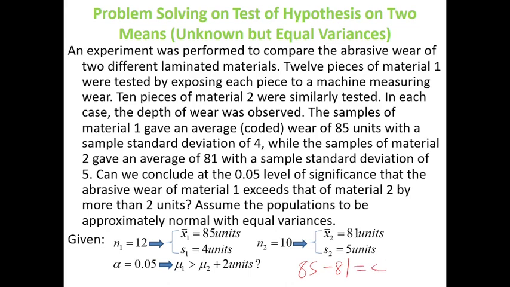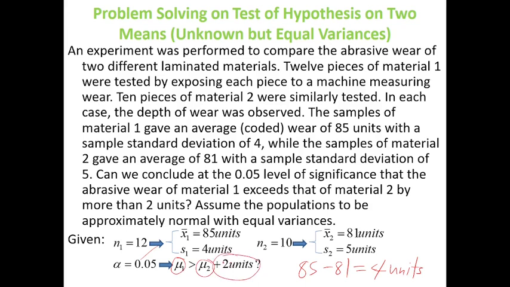Now, we obtained 4 units. So can we now conclude at the 0.05 level of significance that the abrasive wear of material 1 exceeds that of material 2 by more than 2 units?